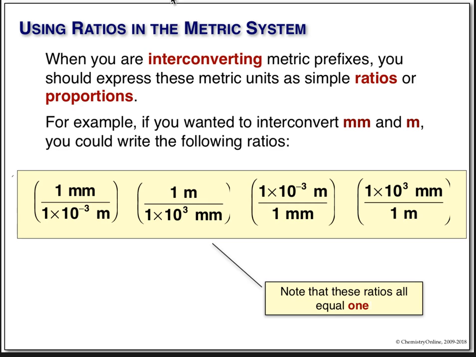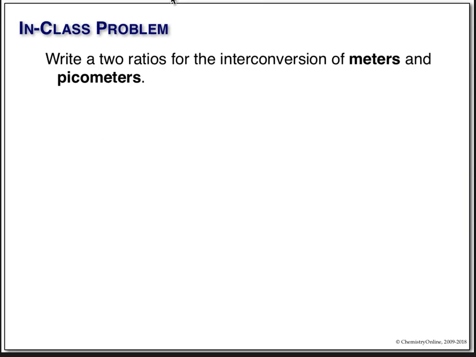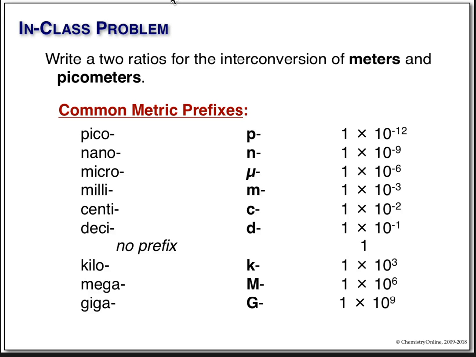Now writing these ratios is an important skill. So let's go and do a couple. Give me a ratio for meters and picometers. Now, we just started this, so here's our table. Pico, remember, is 10 to the minus 12.